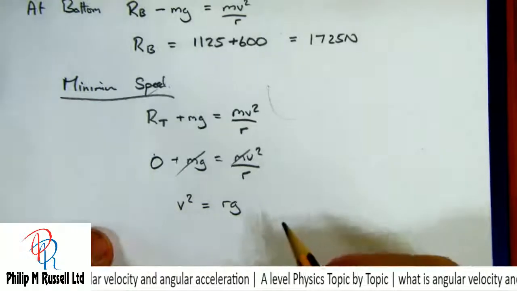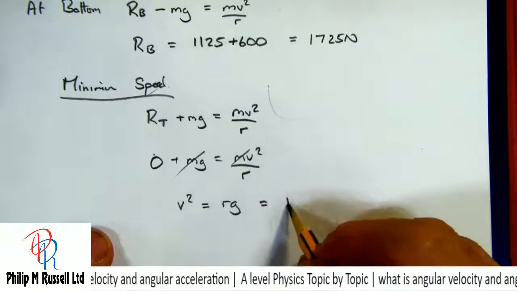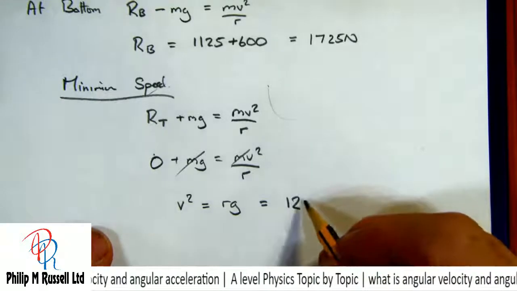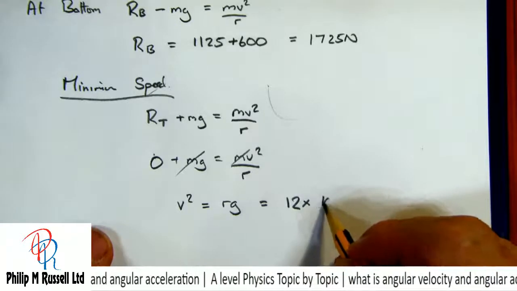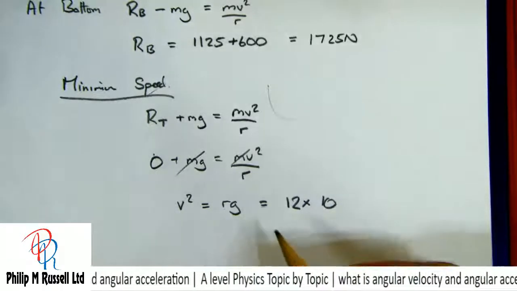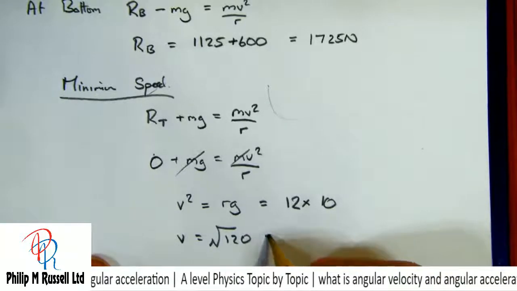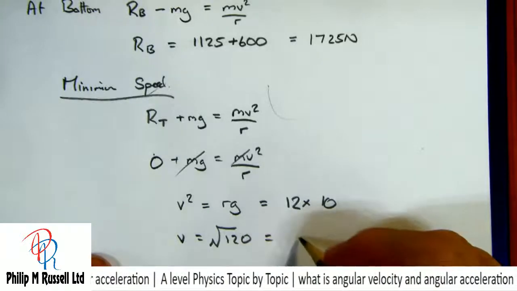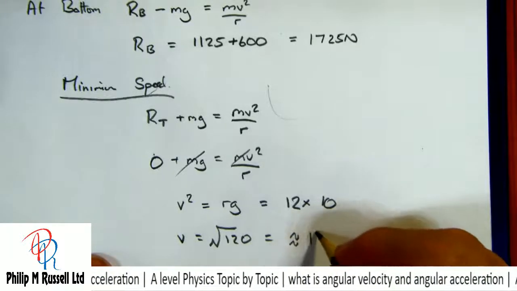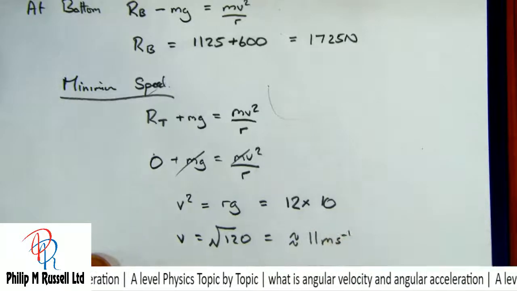So what we've got here is going to be my radius, 12 meters, times my force of gravity. So that's going to give me v, which is the square root of 120, which is going to give me about 11 meters per second.